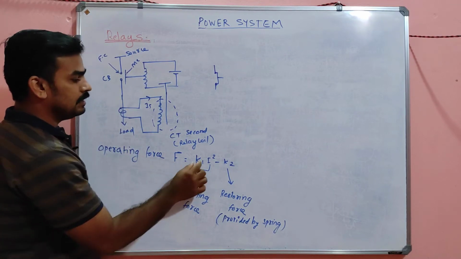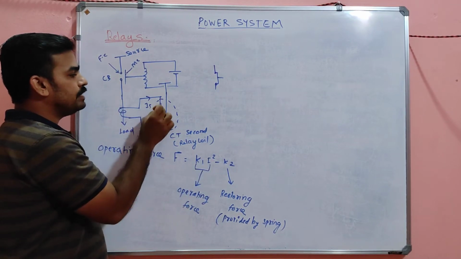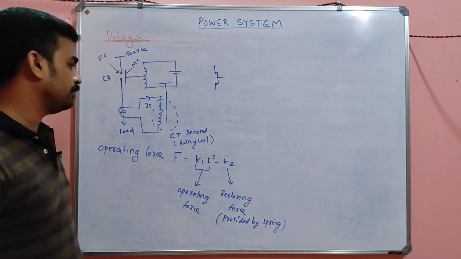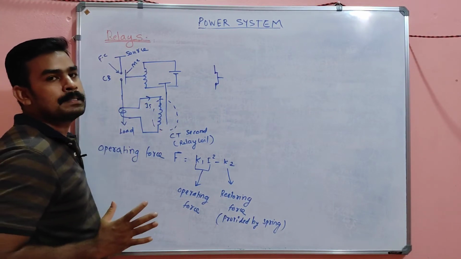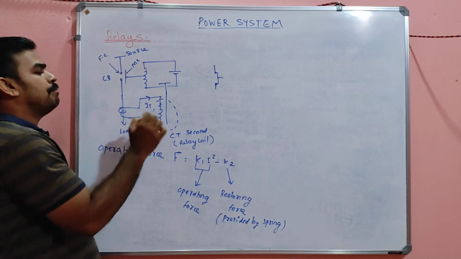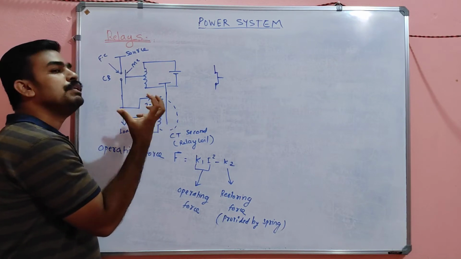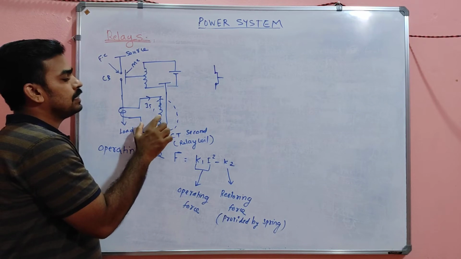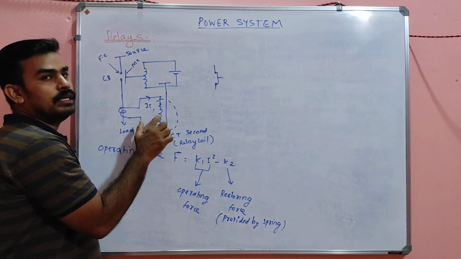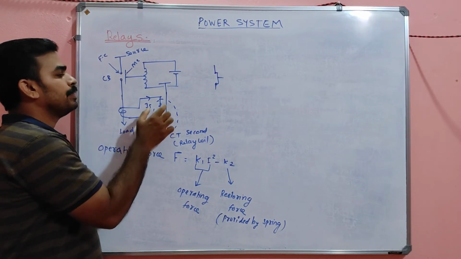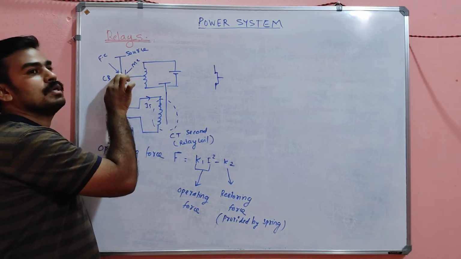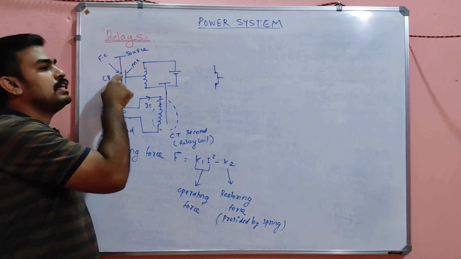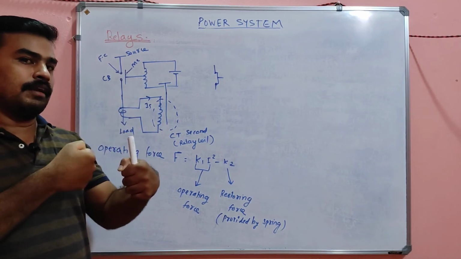That means that K1 into I square is provided by the CT secondary, that's all. Is it clear? So what happened if the force produced by the secondary of the coil, that is the relay coil, then the force already the moving coil attached to the spring.